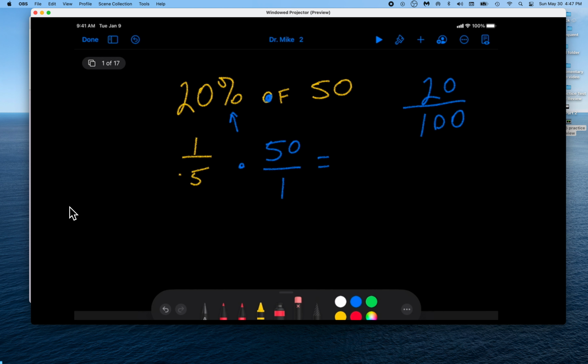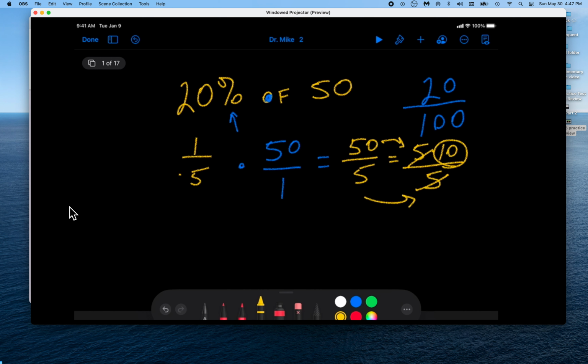Now we have 1 times 50, which is 50 over 5. We can break down 50 into 5 times 10. 5 stays the same. 50 becomes 5 times 10. We cross off the 5s.